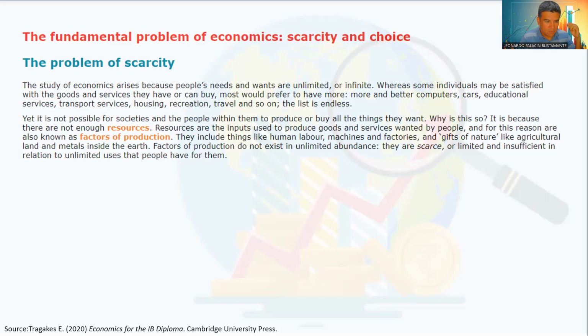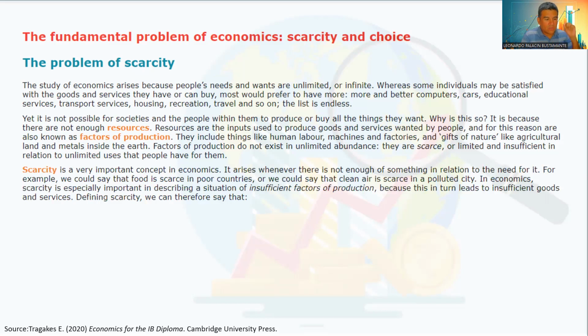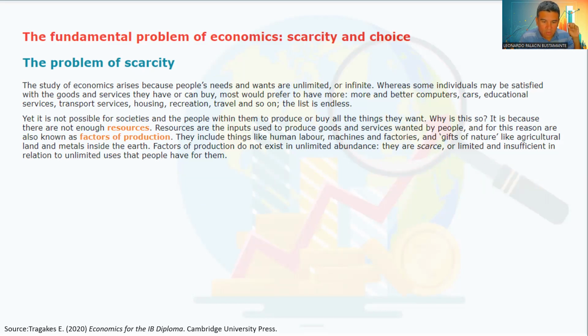Resources are scarce. Resources are the inputs that we can use to produce goods and services that people need and want. And it's super important because for this reason, we have factors of production. There are 4 factors of production. We can call them one by one. Labor, so the work you do.